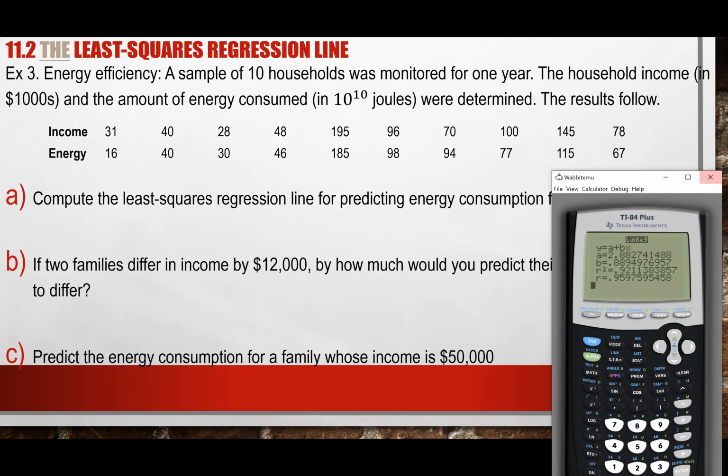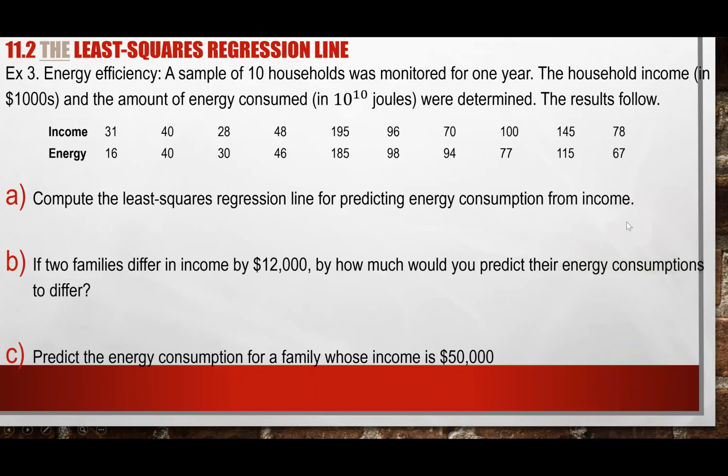Looking at this, remember that to come up with your equation of the line, all we do is take the A plus the BX. The A is from the A item and the B from the B item, and your X stays the same. So does everybody have this equation of the line here?